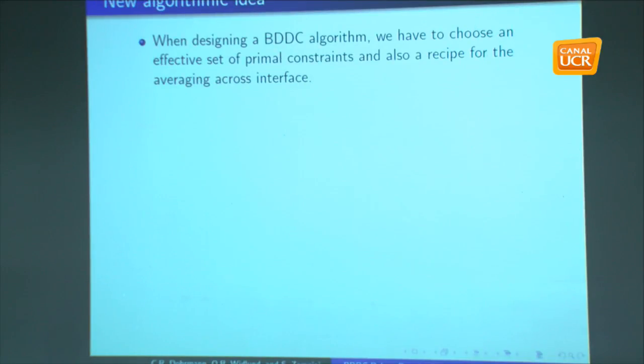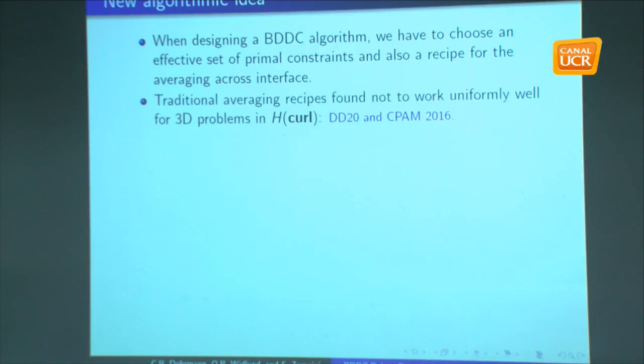Okay. So we should choose an effective set of primal constraints for each subproblem, and we also need a recipe for the averaging. The traditional averaging for BDDC was found not to work very well for 3D problems in H-curl.